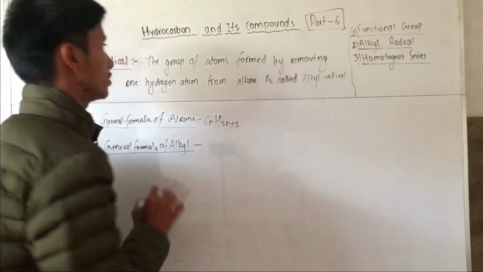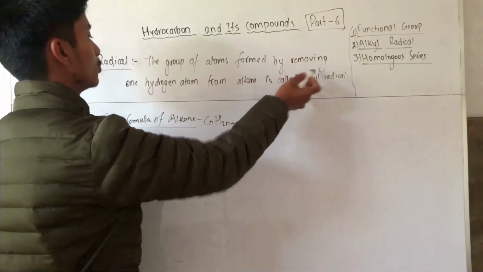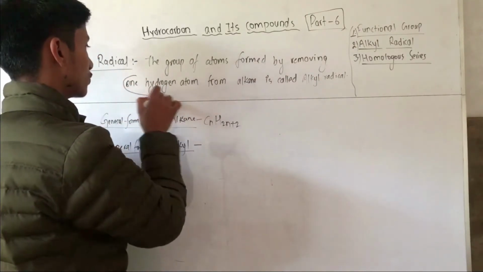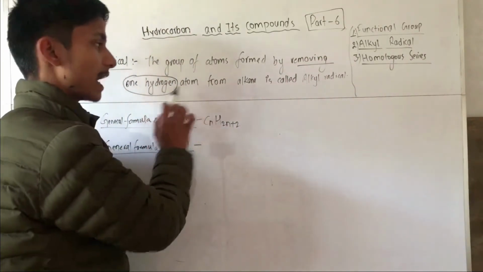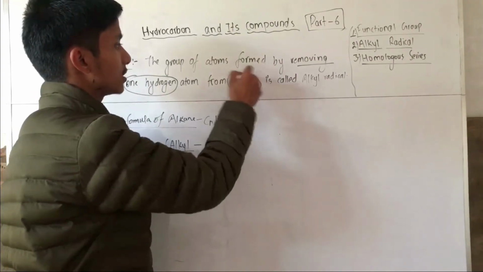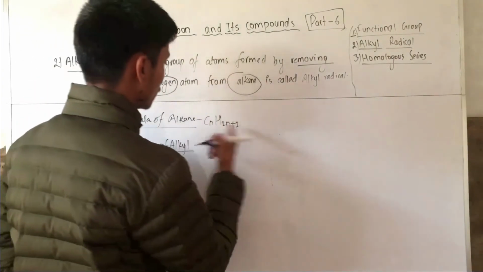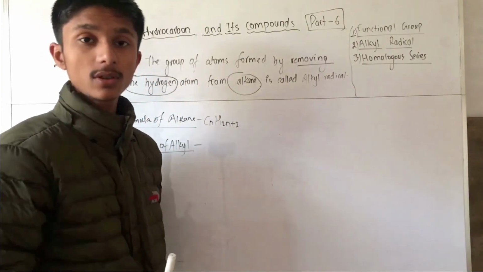According to the definition, the group of atoms formed by removing one hydrogen atom from alkane. If we remove one hydrogen atom from alkane, then it becomes our alkyl radical.